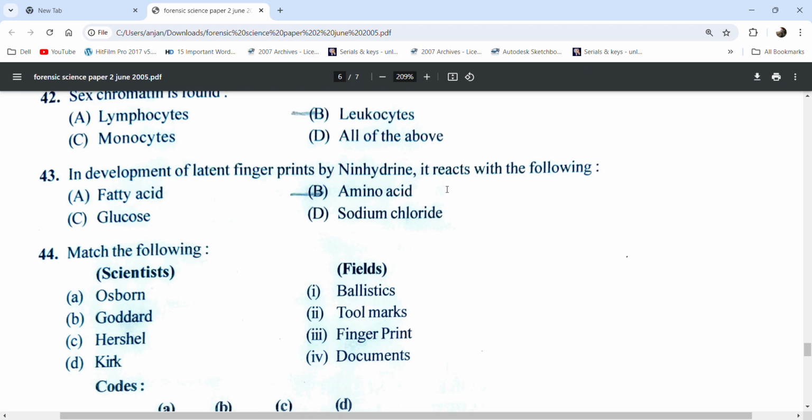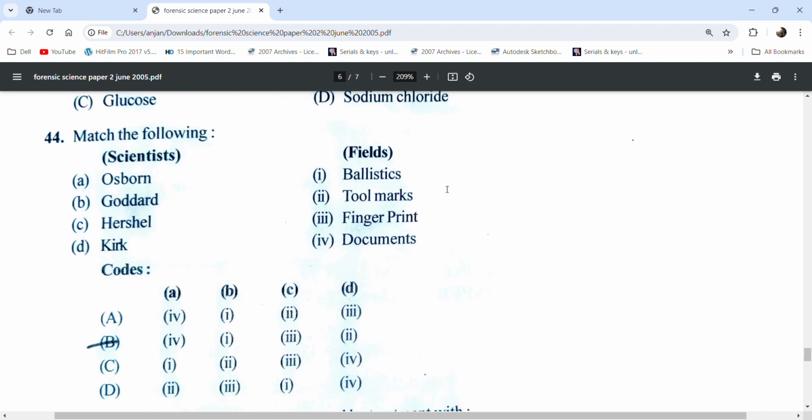Match the following: Osborne, document; Goddard, ballistics; Herschel, fingerprint; Crick, 2.